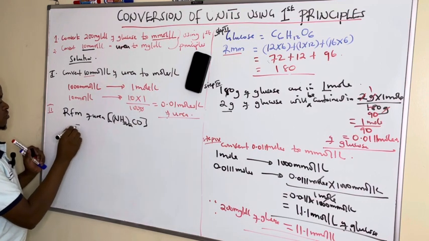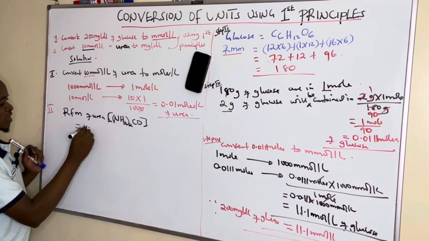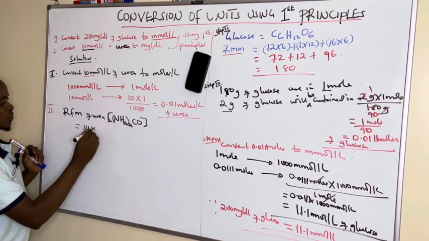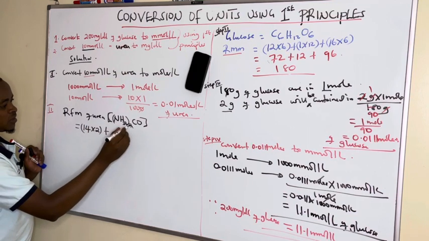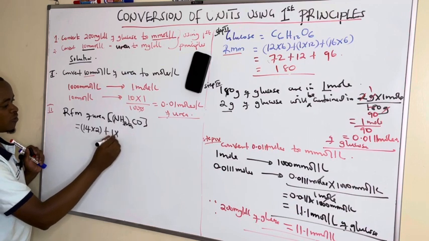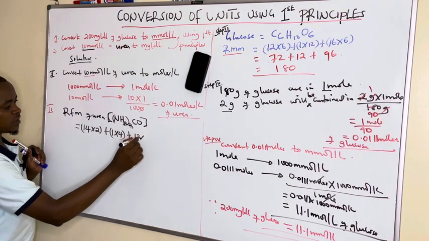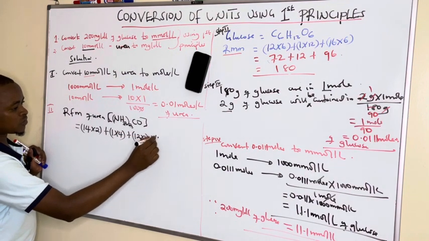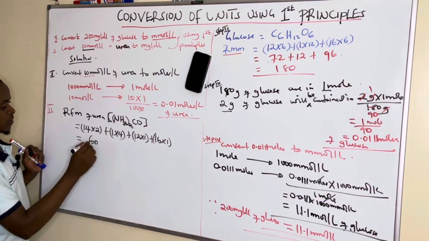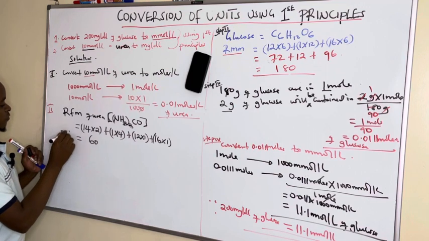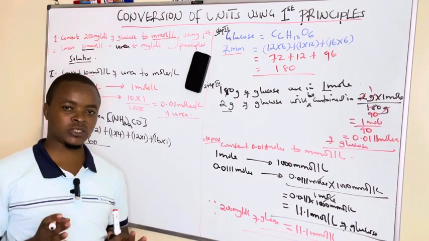To calculate this relative molecular mass, we see it has two nitrogen, and the atomic number of nitrogen is 14, then we multiply by 2, plus hydrogen atomic number is 1, but this is 2 times 2 is 4, so we get 1 times 4. Then plus carbon, which has the atomic number of 12, but it is 1, so we multiply by 1, plus oxygen, multiply it by 1. And the end result, we shall get 60. But since it is relative formula mass, we shall not put gram. So this is the second step under this conversion.